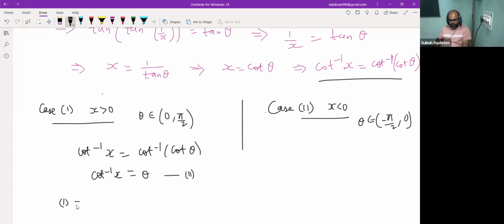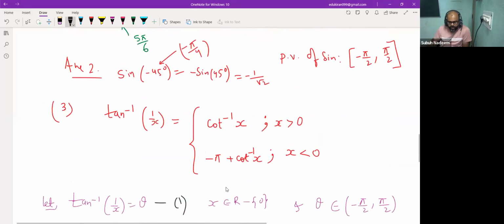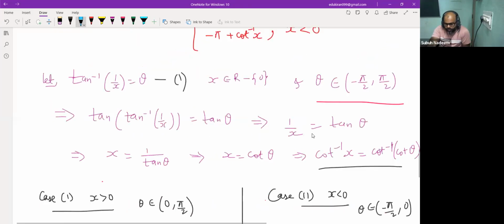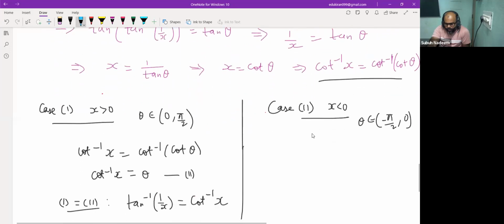So we equate 1 and 2 and say that tan inverse of 1 by x is equal to cot inverse of x. This is true if x is positive. So tan inverse 1 by x is cot inverse x when x is positive. That is fine. Now what happens when x is negative?